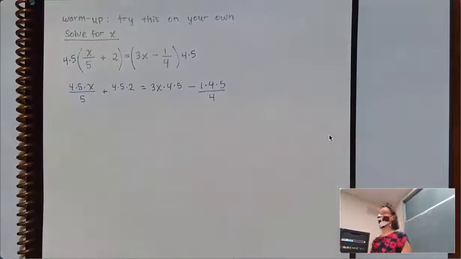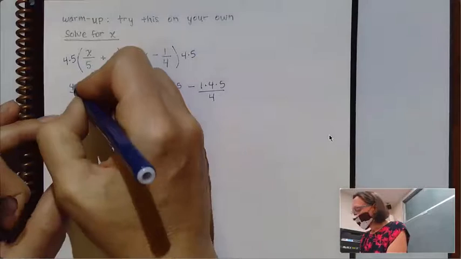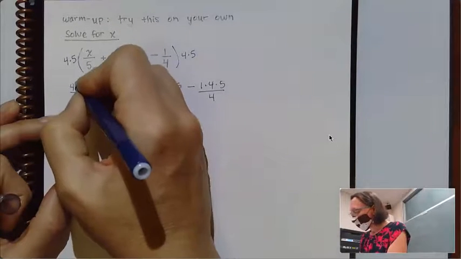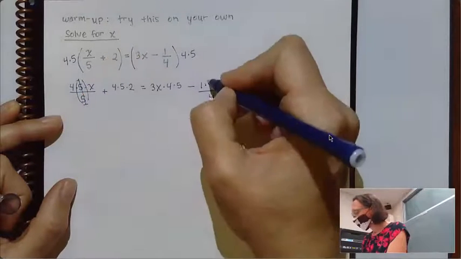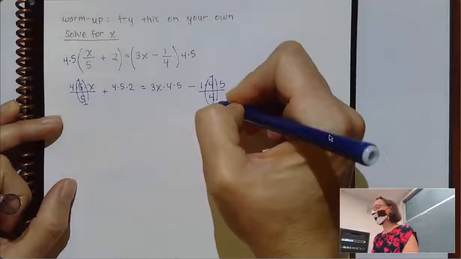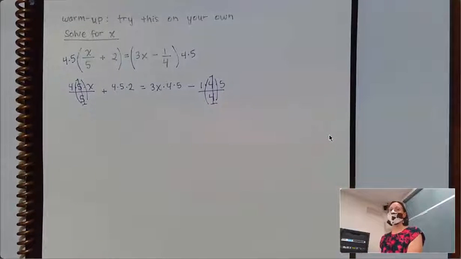Now, the whole point of multiplying both sides by the common denominator is so that my 5 over 5s will go away and my 4 over 4 will go away, and suddenly I have no more fractions. It's not the only option, but if I've got fractions and an equal sign, it is definitely the path I'm going to take.